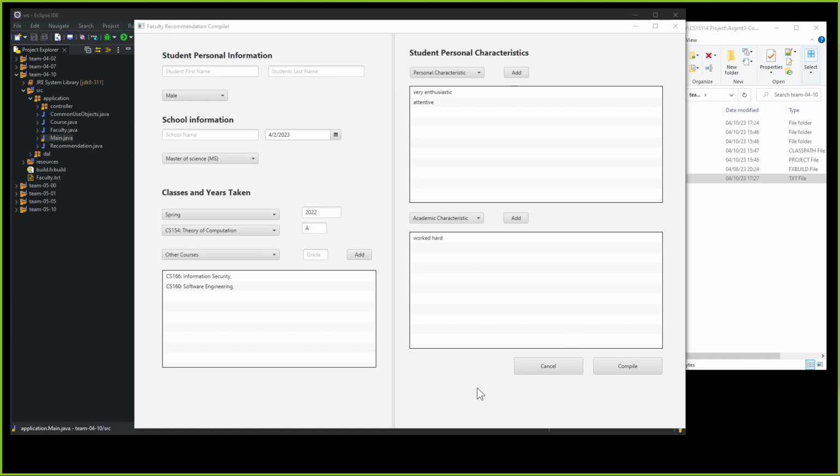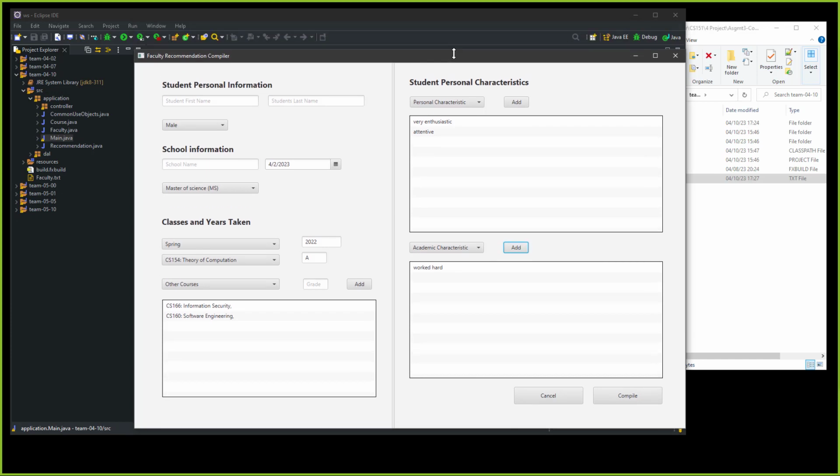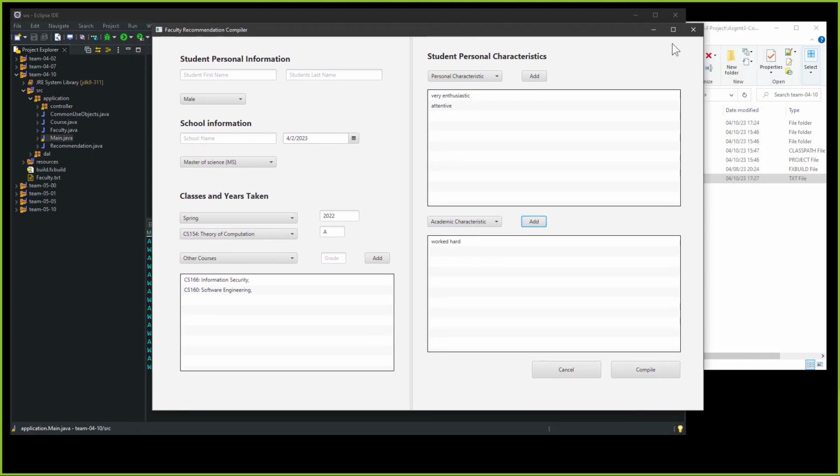In some cases, we didn't have this cancel or back button. So when you come here, you need to click on close and run the application again to test the other parts of the application.